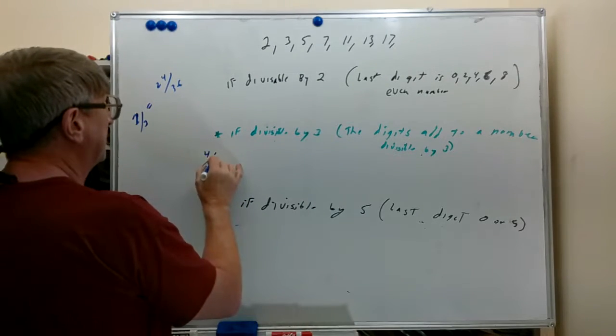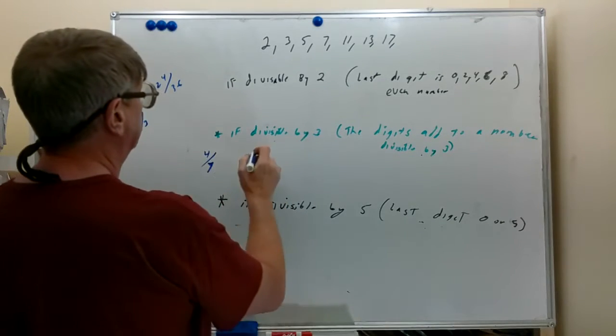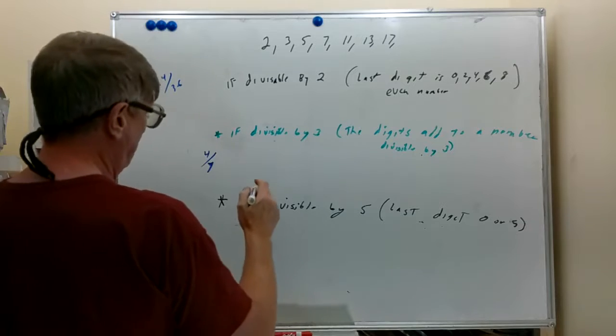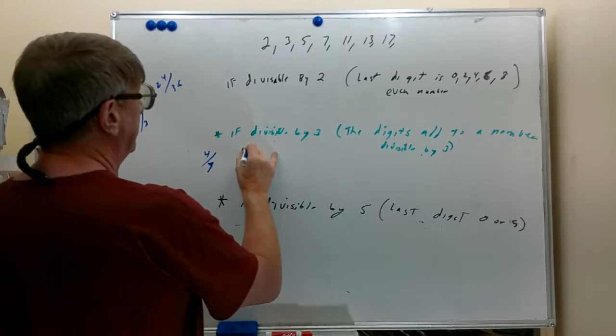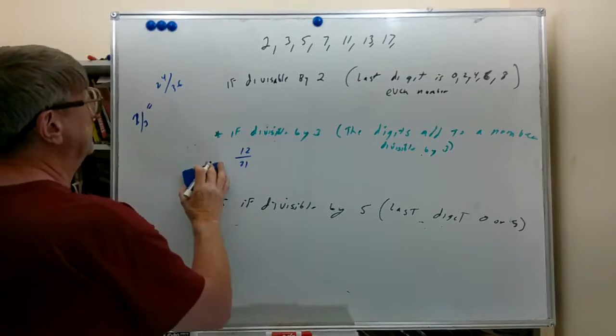What would give us an example? Let's see, what if the fraction had been 12 over 21? All right, let's start with that one. 12 over 21.